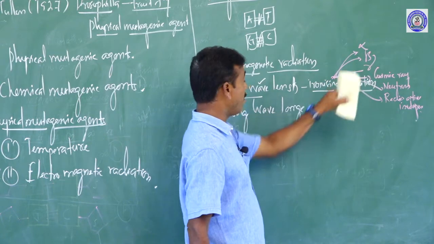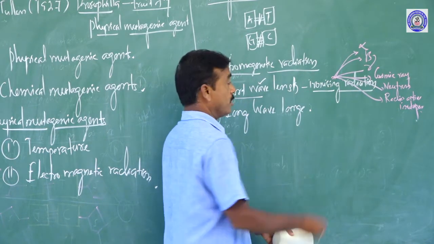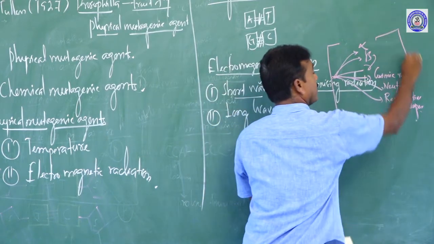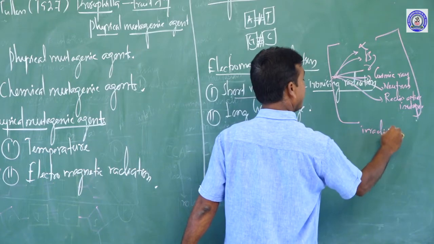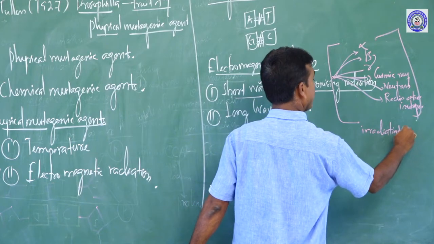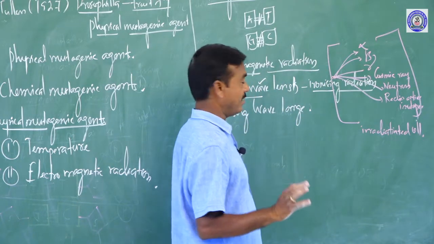So those are all commonly called short wavelength, also called ionizing radiation. These things can be used to irradiate or treat cells.